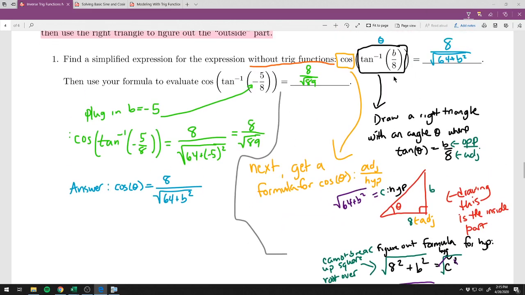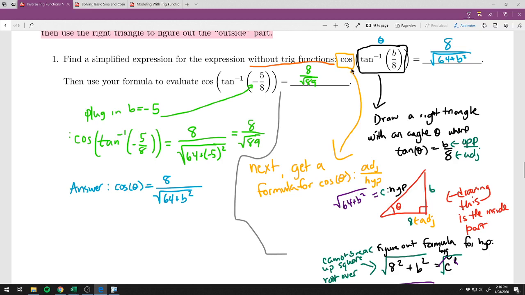Once again, just to recap one more time, because I know at first this is very confusing. We take the inside inverse part, we draw a right triangle depicting that. Tangent inverse of b over 8, we have our angle theta. Tangent of theta is b over 8. We figure out our third side, which happens to be the hypotenuse here, and get a formula for that with our beginning letter of b.